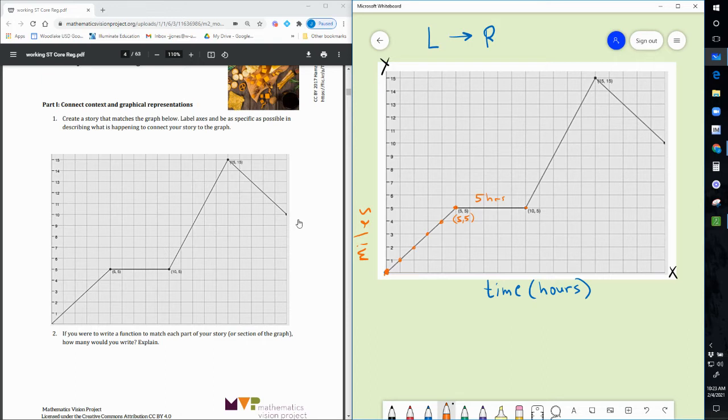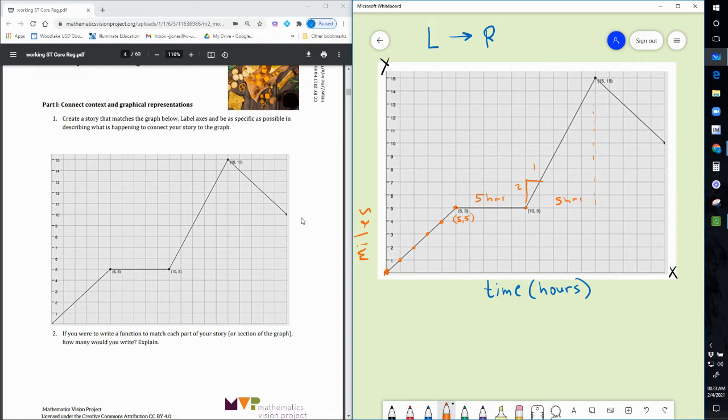So you can see now that I have a steeper line, which means he's traveling at a faster speed, right? In fact, his slope here is 2 over 1, which means he's traveling at a rate of 2 miles an hour, right? And he goes all the way here. He goes for another 5 hours.